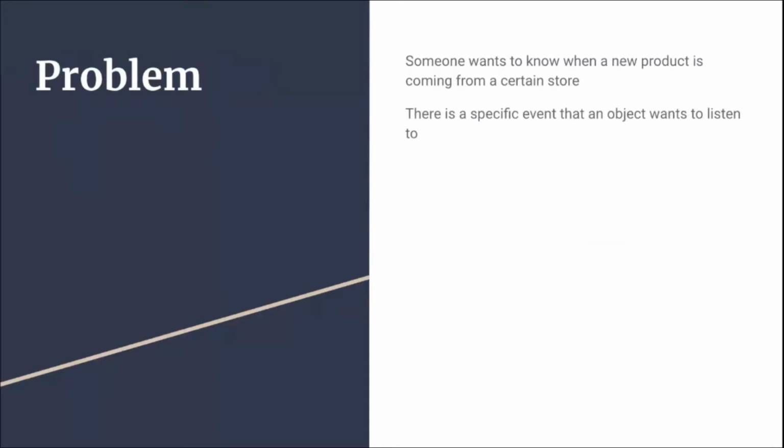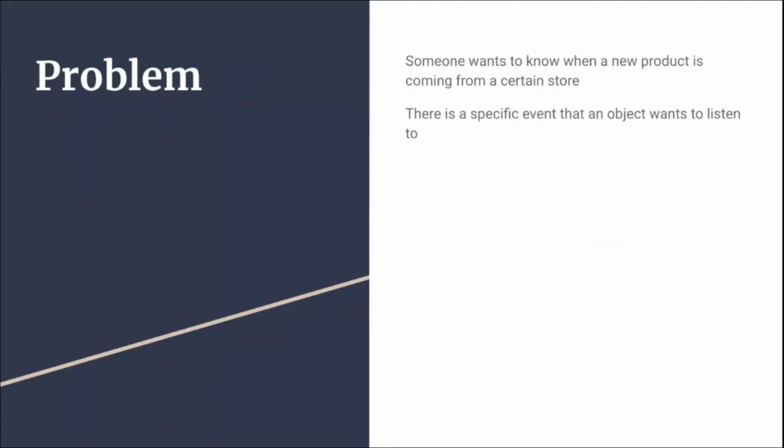Say that there is someone who is interested in a new product and they want to know when it arrives at a certain store. They have a number of options to find out when the product arrives at the store. For instance, they can visit the store every single day at a certain time to see if the product has arrived or not.